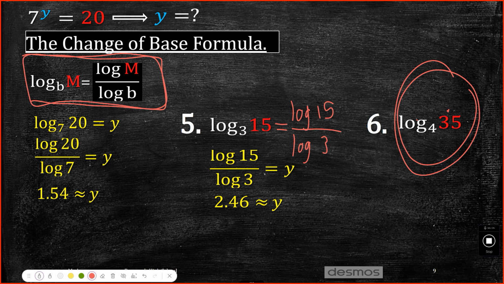Log 35, get an answer, divided by log 4. You don't even need to write this down. Let's go. Log 35, enter, divided by log 4. What are you getting?